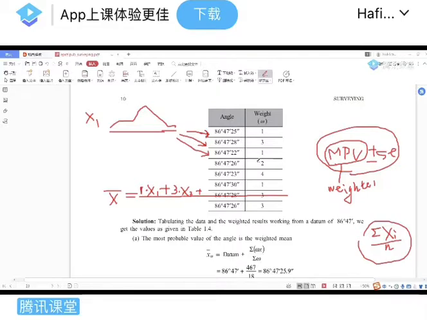So keep on doing this till the last one. How many of them do you have? 1, 2, 3, 4, 5, 6, 7, 8. In total, you have 8. So you have x1 up to x8. These are random numbers. Basically, all these numbers come from some distribution.